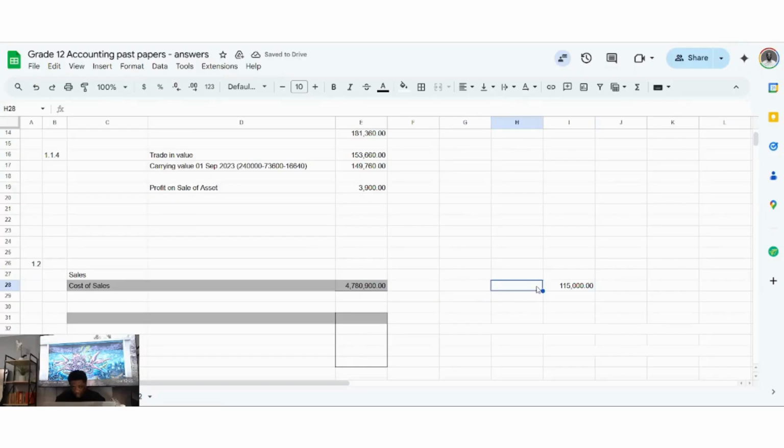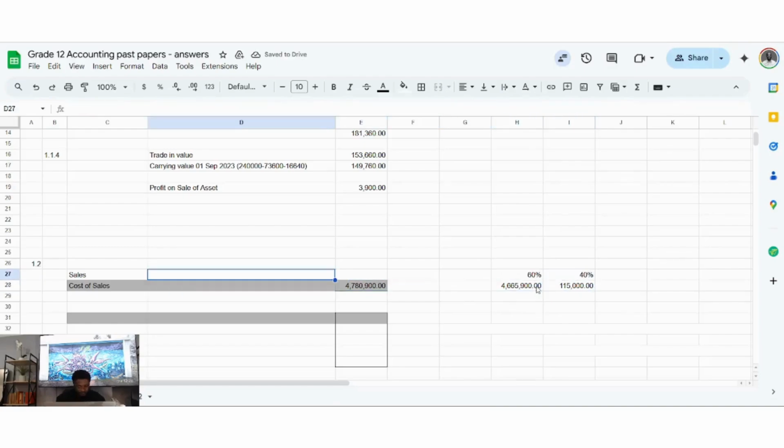So we got 115,000, and then we got the other cost of sales, which are basically 4,780,900 minus 115,000. So these ones are at 60% markup, whereas these ones are at 40% markup.